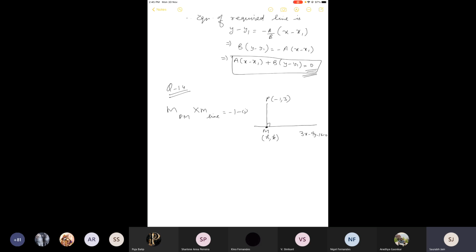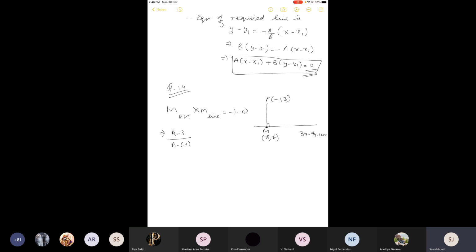Now we need to find the slope of PM, which I can find using 2 points, because the 2 points are (-1, 3) and (h, k). So the formula is y2 minus y1 upon x2 minus x1, where x1, y1 and x2, y2 stand for the coordinates of the points P and M. Okay.